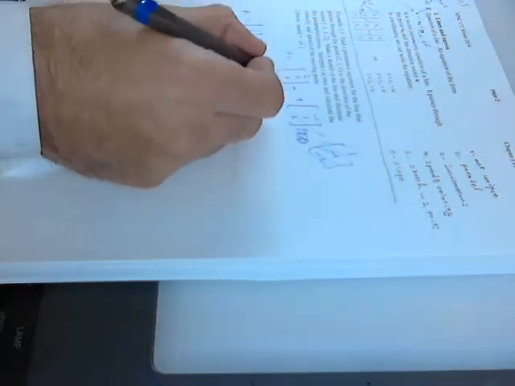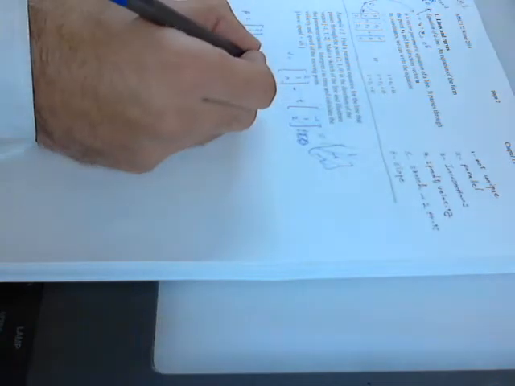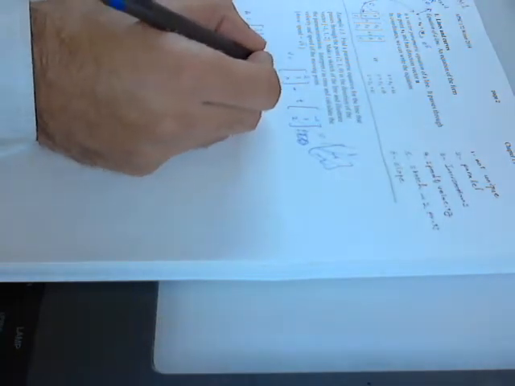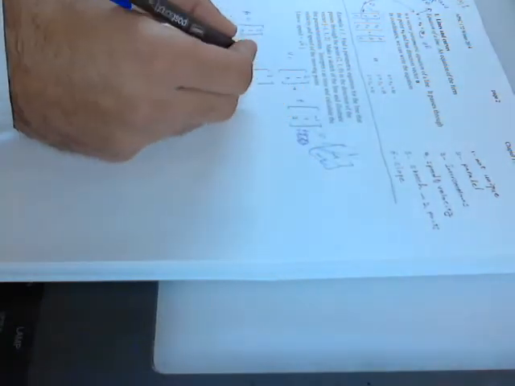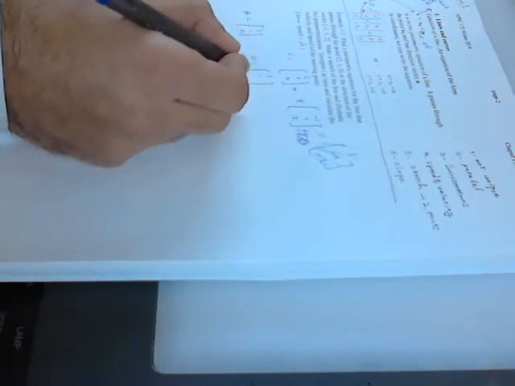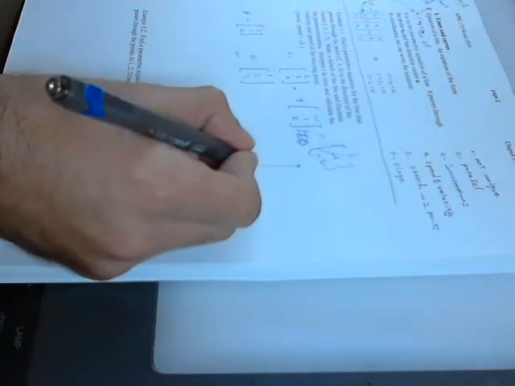I'm going to plug T equal to 1 into this equation and read V. What's the first one? 2 minus 1 is 1. The second one, 2. Third one, 2. Wonderful.